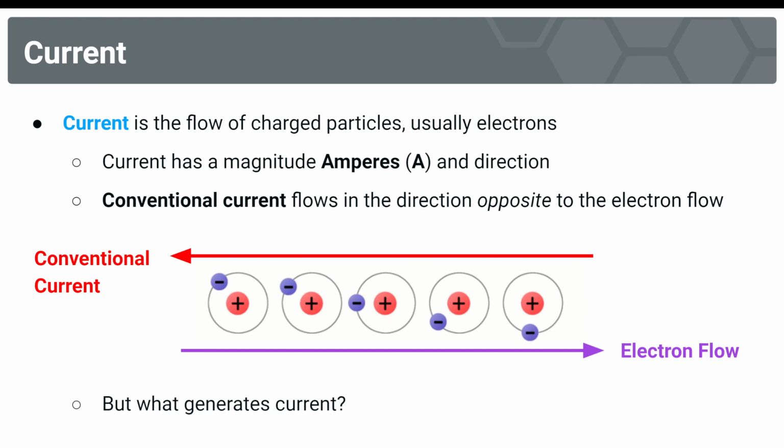And this might be a familiar story if you've taken a physics class already in maybe electricity or magnetism, but a long time ago we assumed that it was in fact protons that were in motion. So that was our mistake there. It was in fact the electrons that were in motion. So remember again, conventional current flows in the direction opposite to the electron flow. And when we measure our circuits and do our debugging and troubleshooting, we're going to use the concept of conventional current. But what generates current?